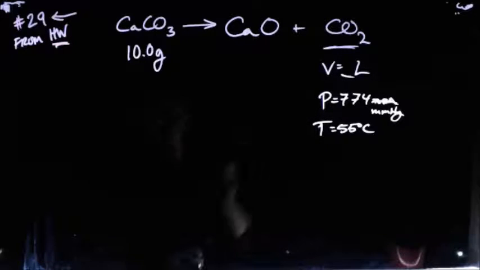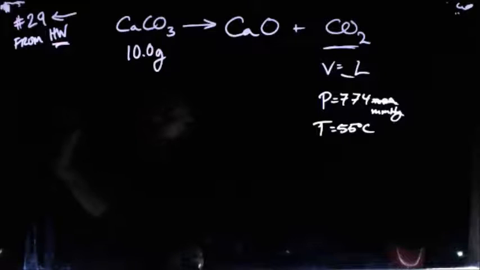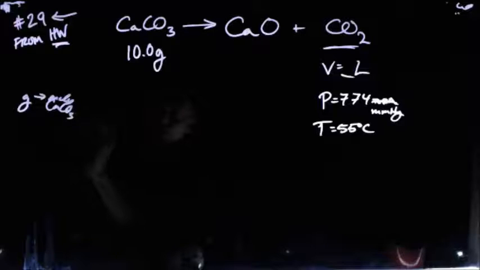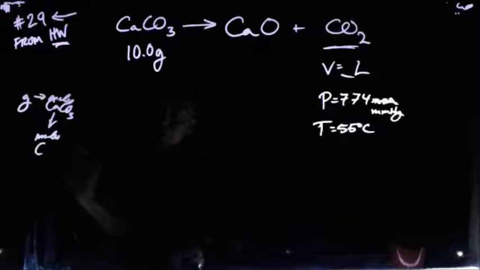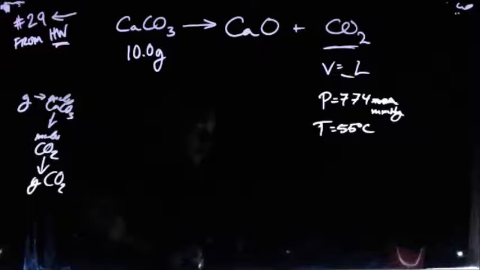So that would go something like, you'd go grams to moles of calcium carbonate. You'd go from moles of calcium carbonate, you'd get moles of CO2, and then after you had moles of CO2, you could convert that to grams of CO2. And you guys, my students, are all really adept at this.